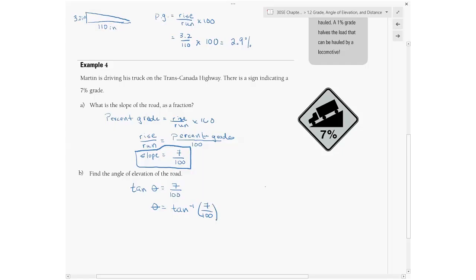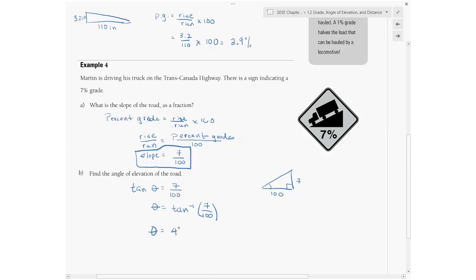And if you forget that, just remember, go back to the trig that we learned. So the rise is 7, the run is 100, this is the angle of elevation. So to find that, it's just the tan inverse. So tan inverse of 7 divided by 100 is 4.004, so it's 4 degrees.